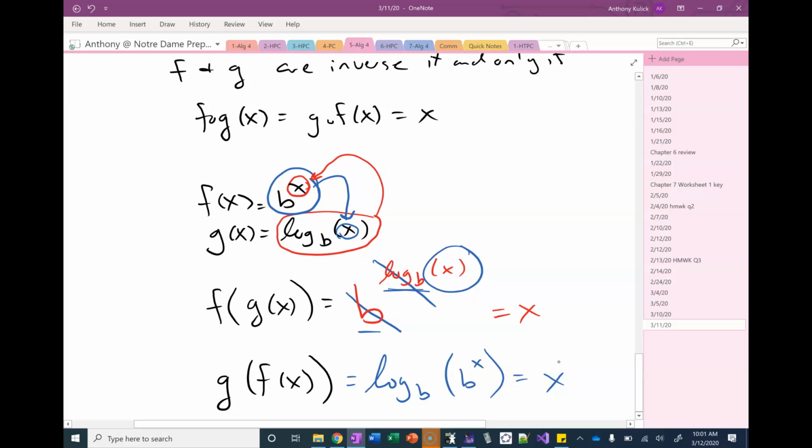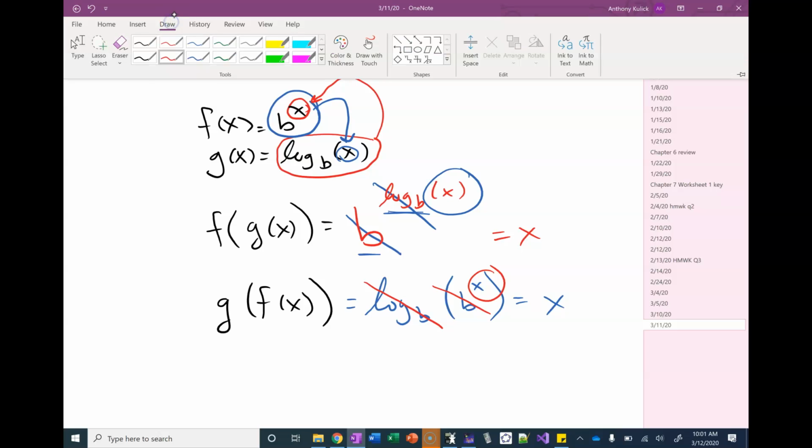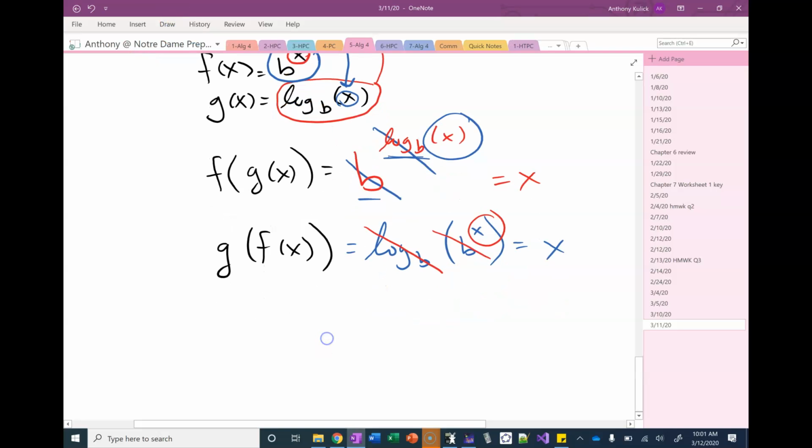And since these two functions are inverses, I know that they equal x. So what conclusion can I draw from this? Well, log base b has to cancel exponent base b, leaving me with only x. So let's apply this to some simplification problems.